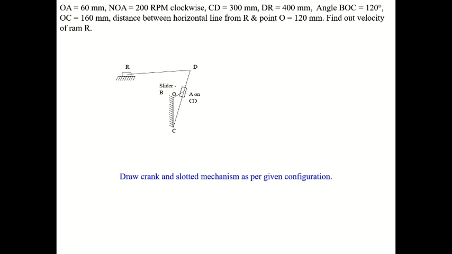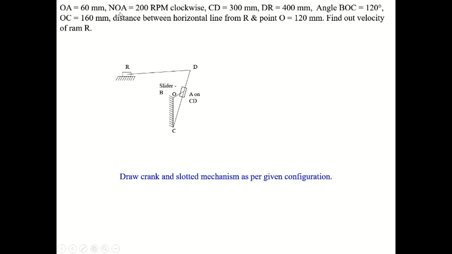Let us see the dimensions of the mechanism. They are given a crank. Crank is OA, and OA length is 60 mm. Then N_OA means the speed of the crank OA.